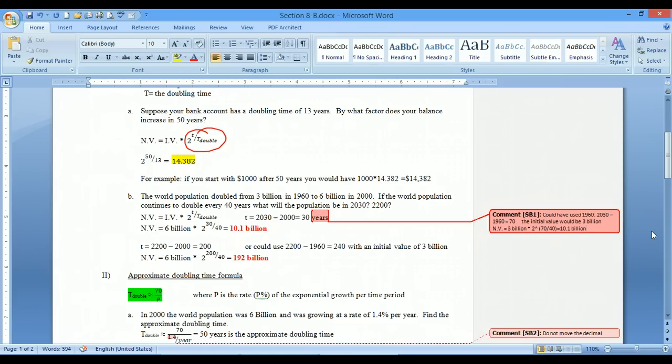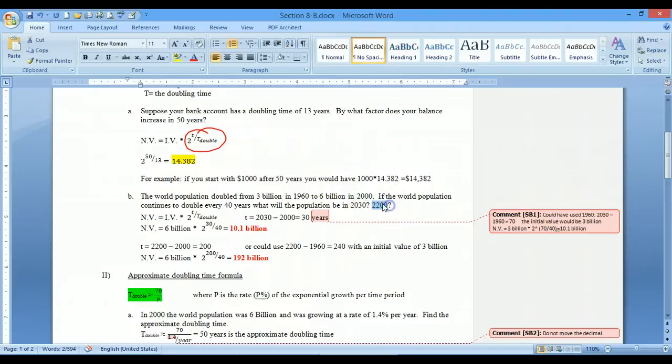All right, the next one for the year 2200. Again, I'm going to have to subtract to find the time elapsed. So 2200, I can pick several different initial times, but just to make things nice, let's go ahead and use the year 2000.